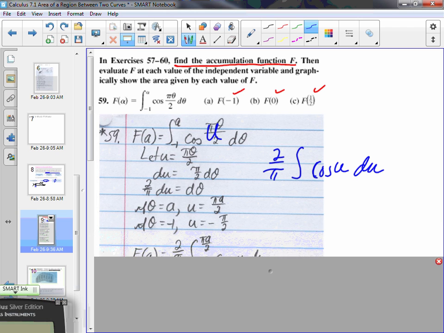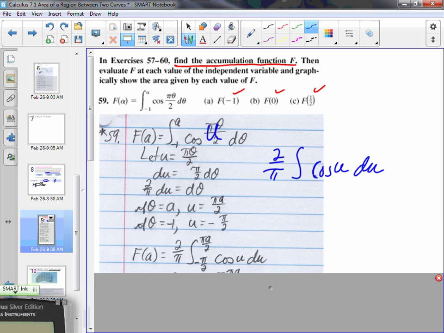So that means I can rewrite capital F of a to equal what I already had written out in blue, but now I'll put the new limits of integration on there. So it's 2 over pi times the integral of, your new lower limit of integration is -pi over 2, your new upper limit of integration is pi a over 2, of cosine u du.